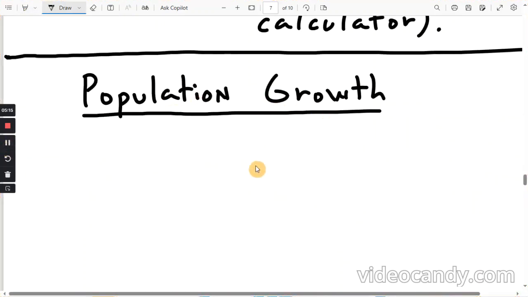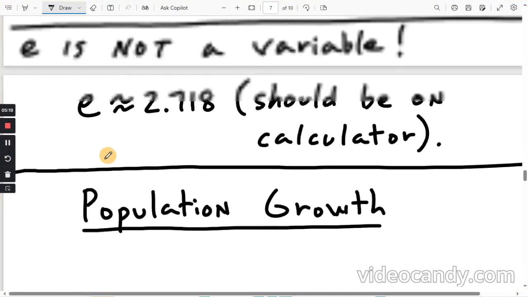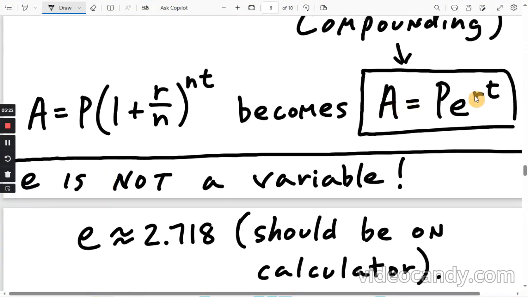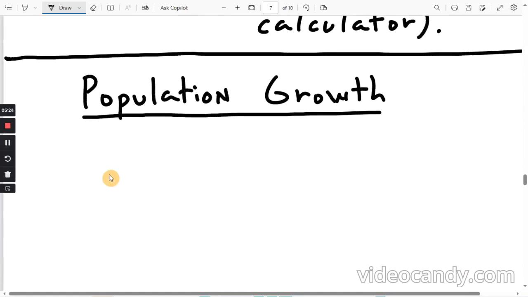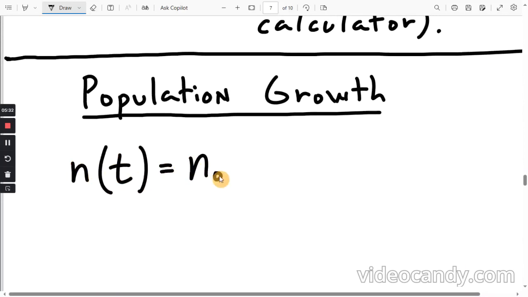So the population growth is really the same formula as A equals Pert, but they call it N of t equals N sub 0 times e to the power of rt.